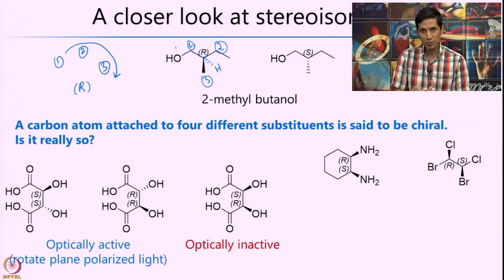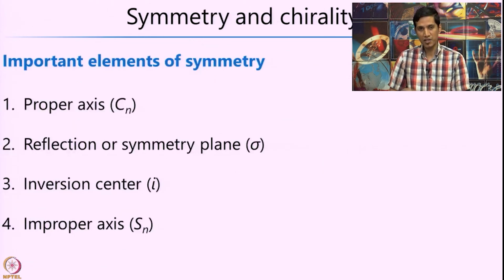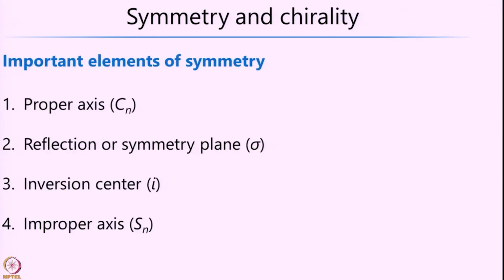In order to evolve a broader perspective, we need to go back and look at symmetry and chirality in relationship with each other. So far we said that if you have a carbon atom attached to 4 different centers, then we call it a chiral center or the molecule chiral.